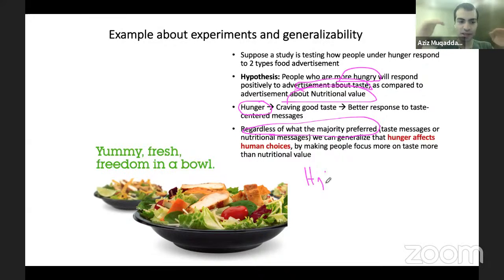And this is what we mean by we're not interested in sample populations. For example, if the majority in our sample preferred nutrition-centered messages, yet we saw that the hunger condition made people like taste messages better, that's actually the thing we want to demonstrate.